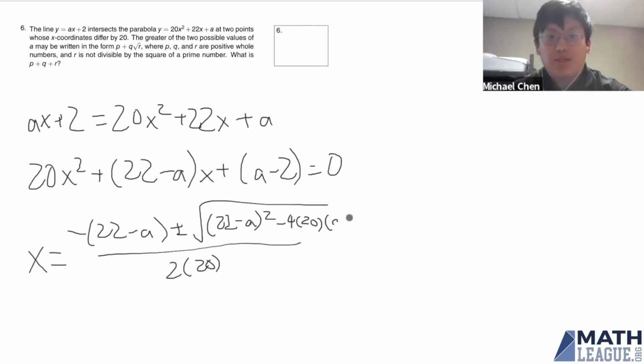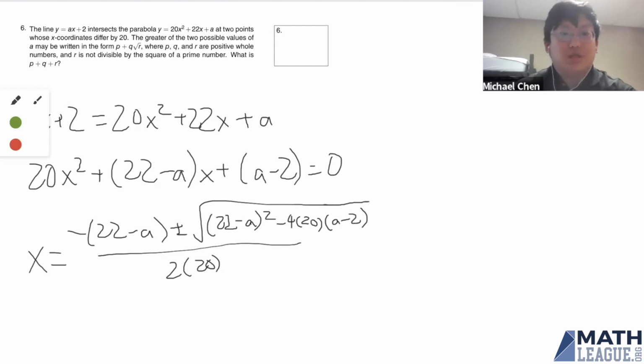Now we know that the difference between these two solutions is equal to 20, which means that this thing over here plus this giant square root over 2 times 20, minus this thing minus this square root over 2 times 20, equals 20.